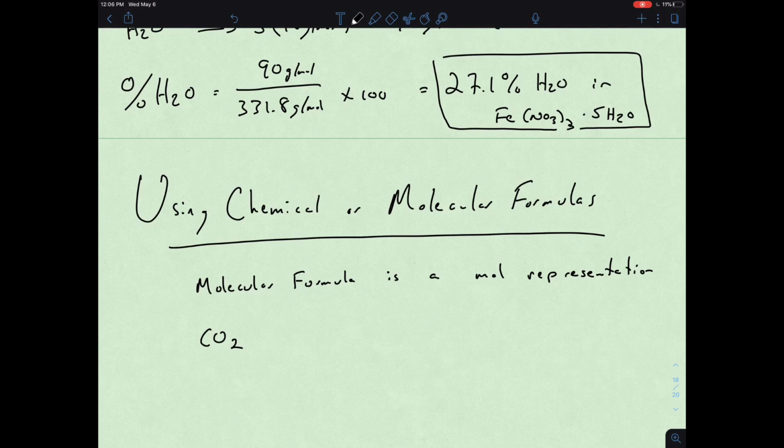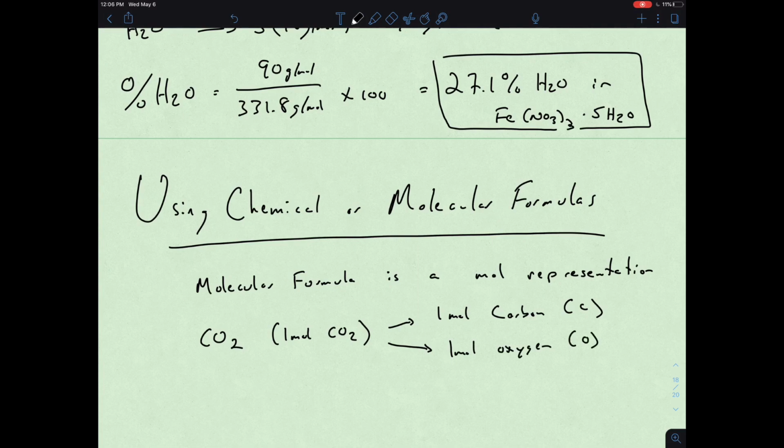CO2, if I have 1 mole of CO2, that means I have 1 mole of carbon. That also means I have, I apologize, 2 moles of monoatomic oxygen, right? Because we have CO2.